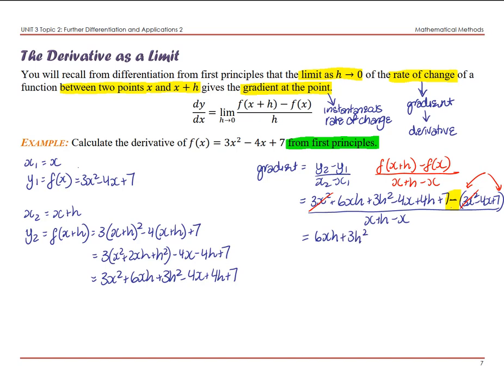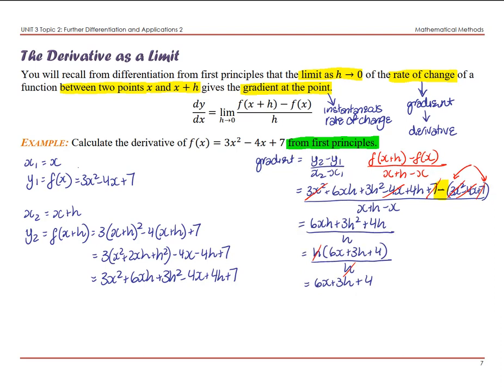Now our minus 4x minus minus 4x becomes minus 4x plus 4x, so that's gone. Plus 4h, and then the 7 minus 7 is gone. And then on the bottom, we just have h. Factorize the h out the top. And then the h's cancel. Now I'm going to run out of room, so I'm just going to reduce the size of that.